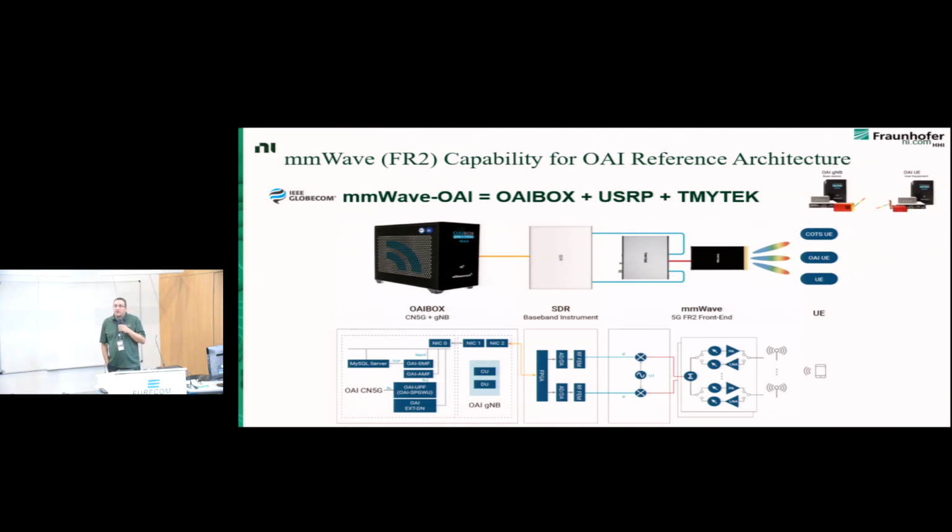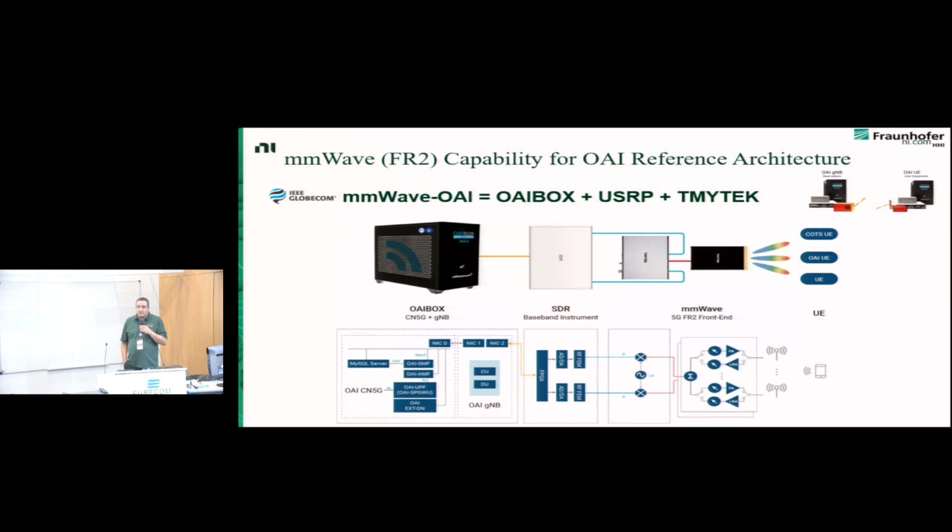We took that and worked with our partners very closely to implement an FR2 capability of this reference architecture. So we worked closely, and a special thanks and shout out to the folks at AlbiSmart, TMY Tech, Eurocom, and we did this also collaborating with Fraunhofer HHI in Berlin.